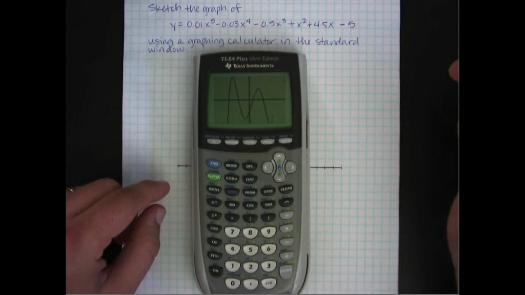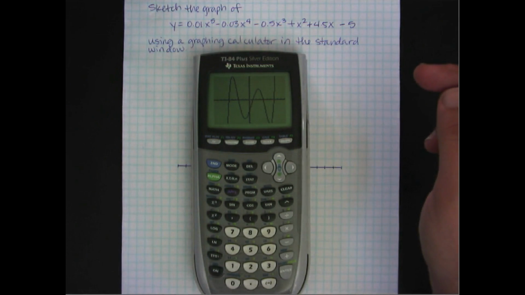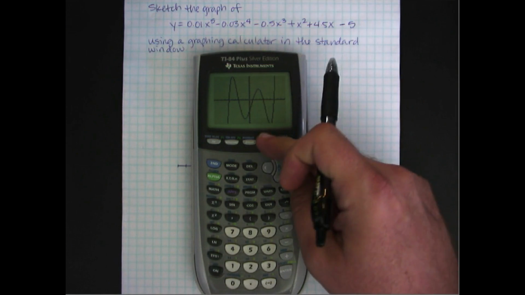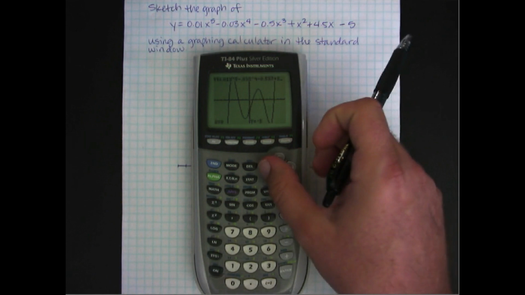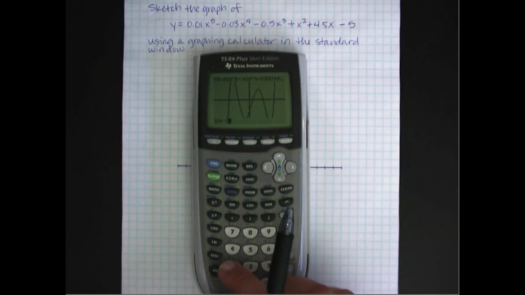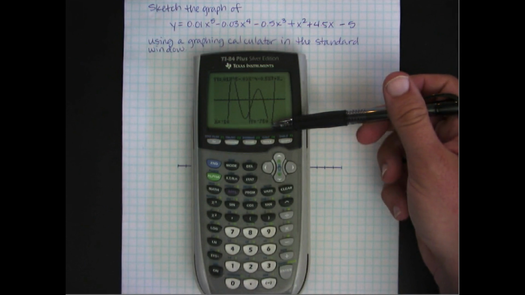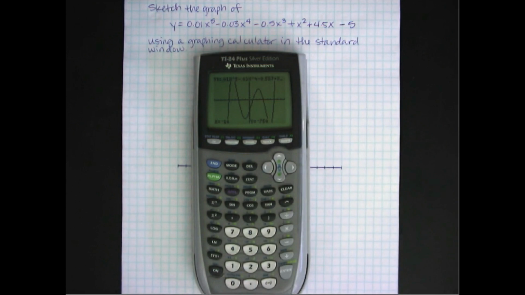Look at that. Beautiful. Okay. So there's a couple ways you can get your points. The first way I showed you guys was to hit the trace button. And from there you can move left or right or enter in values. So if I enter in -10, I see -750 is my y. And obviously that's outside the window.